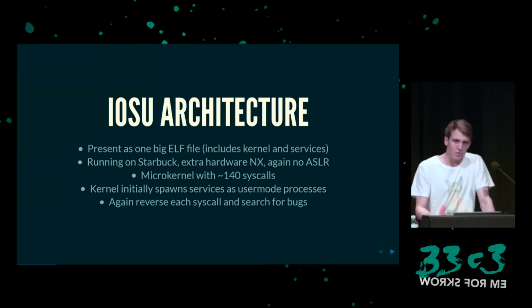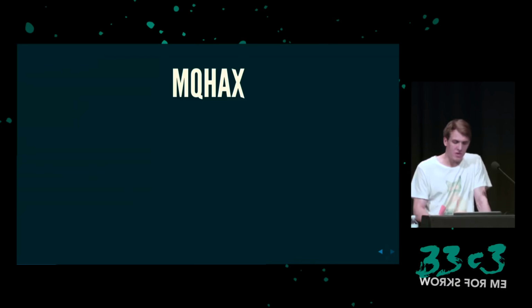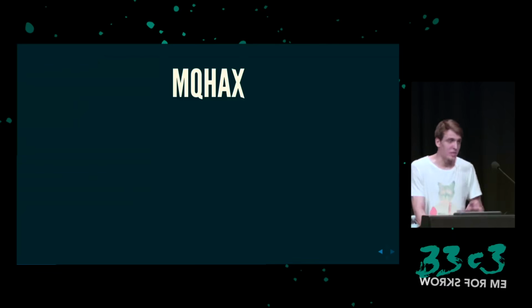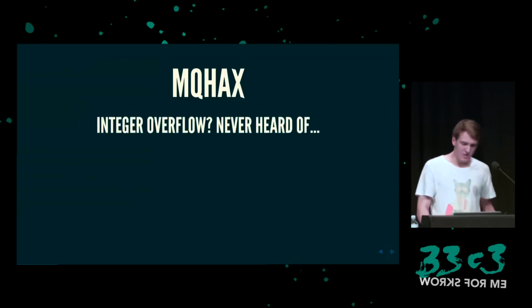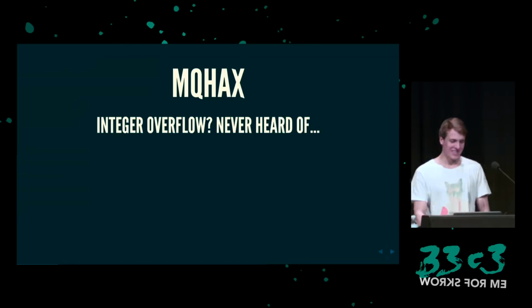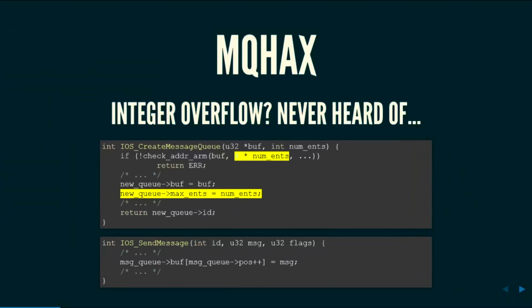And to look into the kernel, we again reverse all of these syscalls and search for bugs. And what we came up with is called MQHacks or message queue hacks. It contains another nice bug class that apparently never dies, integer overflows. And let's look at the code again. So there's the syscall, it's called create message queue.